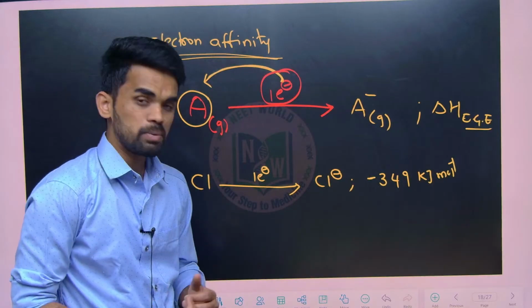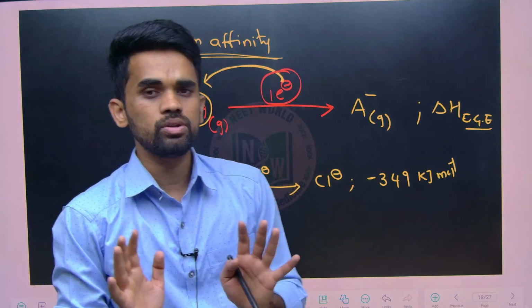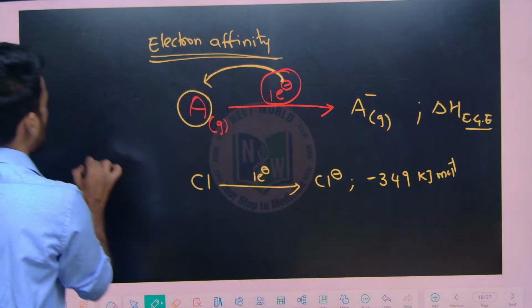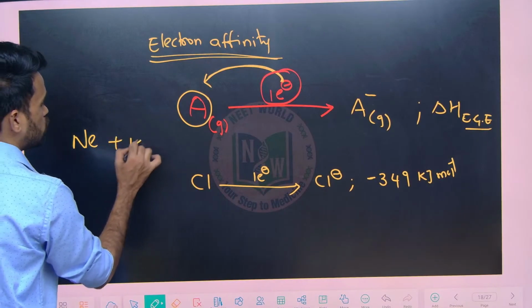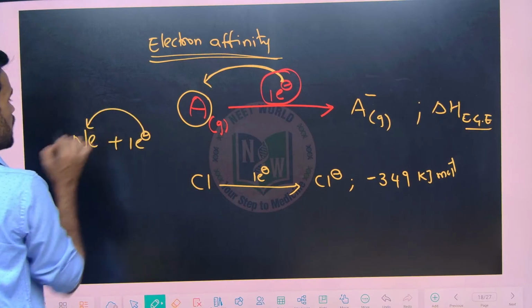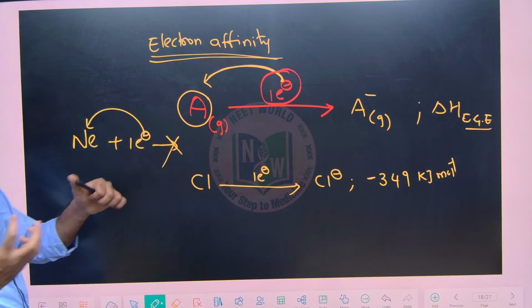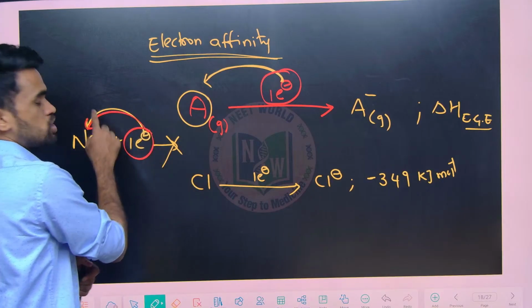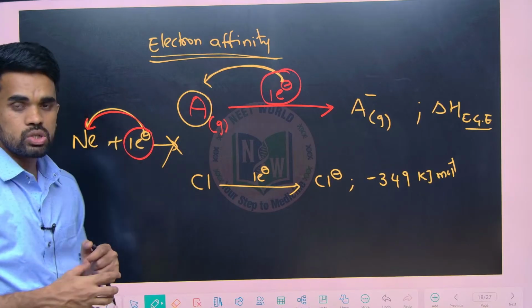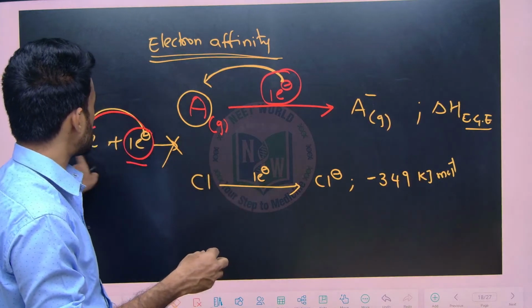For example, if you add the same electron to the noble gases, they won't want to take that electron because noble gases are already stable. If you try to force this electron into the atom, it won't go inside. So you need to use more energy to push it into this atom. It means you are only supplying energy while adding this electron to noble gases.